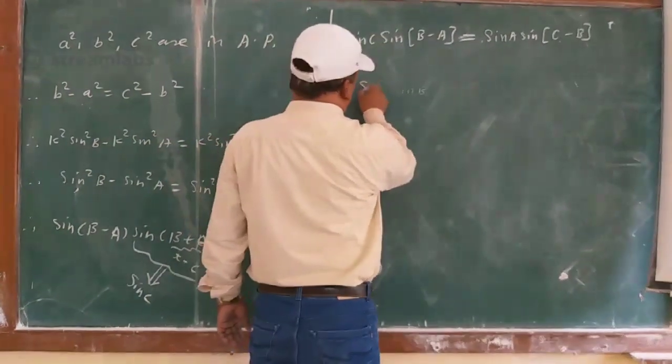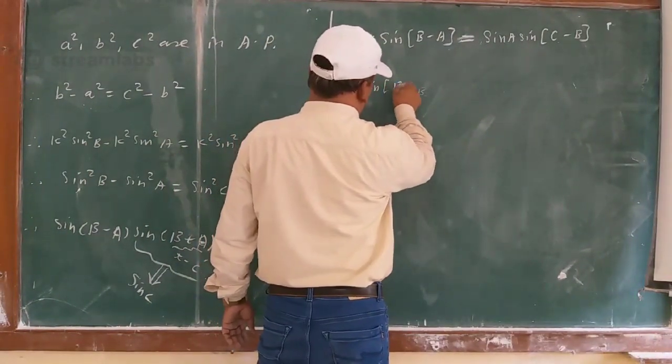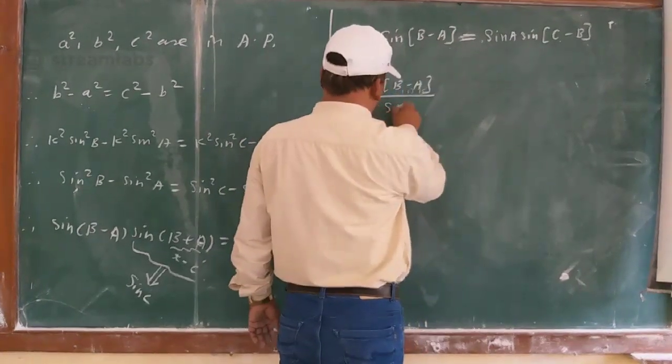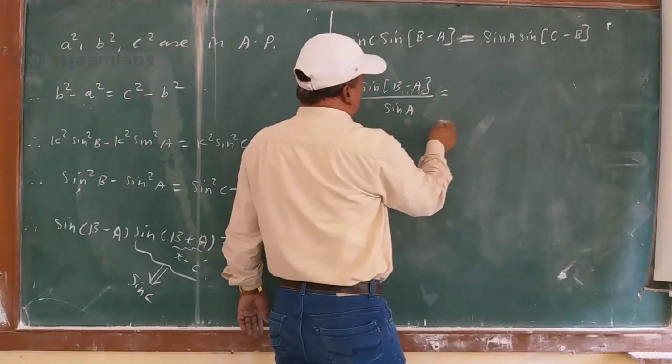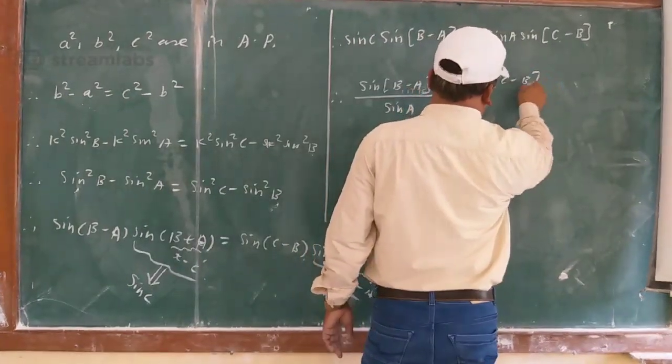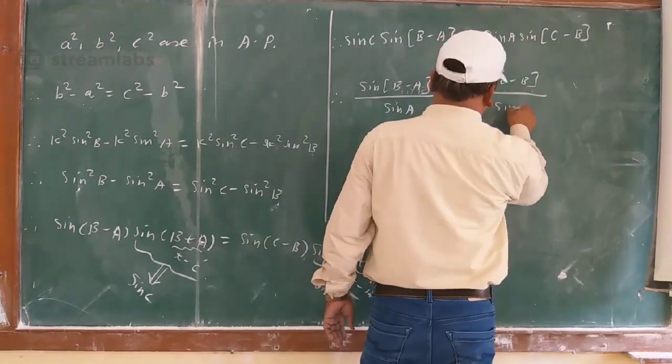So, sin of B minus A upon sin A is equal to sin of C minus B upon sin C.